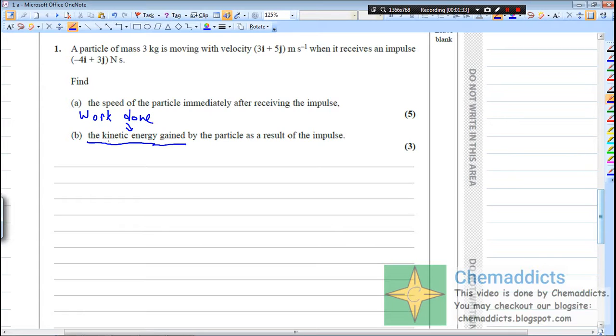Since there is a kinetic energy gained, work done will happen, according to the concept. So now they have asked us to find the kinetic energy gained.